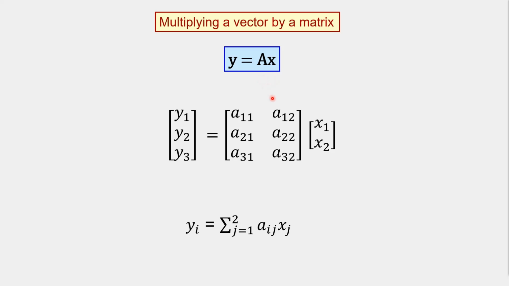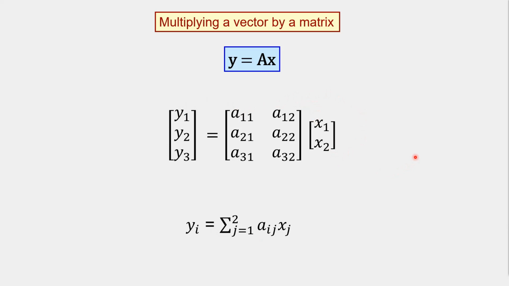If the matrix A is a 3 by 2 matrix, as it is in this case, then the vector y will have 3 elements, the same as the number of rows of A, and the vector on which A operates, in this case x, must have 2 elements, the same as the number of columns of A. Each element of y is formed from the elements of x through this operation, so that y1 equals a11x1 plus a12x2.